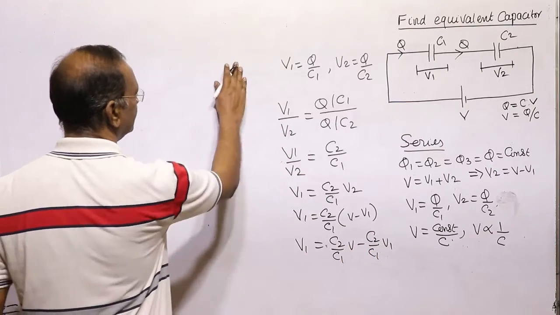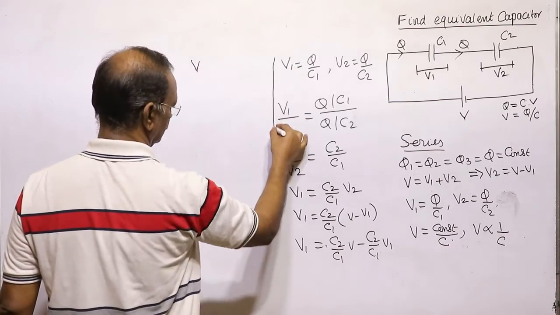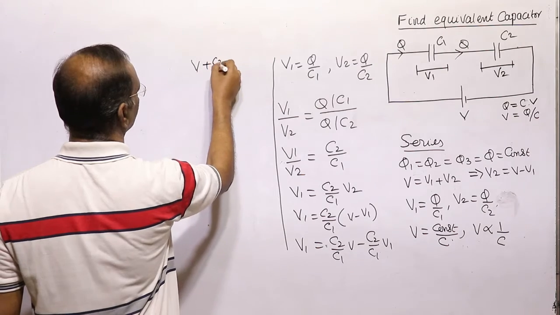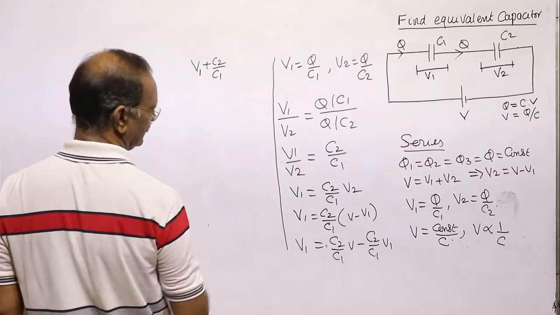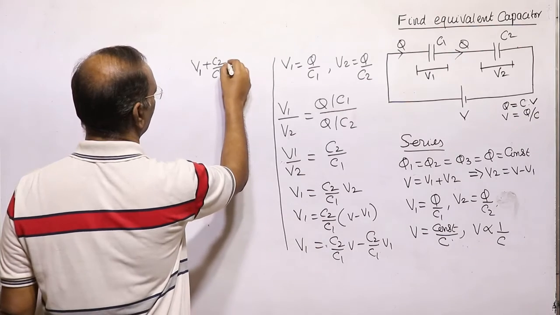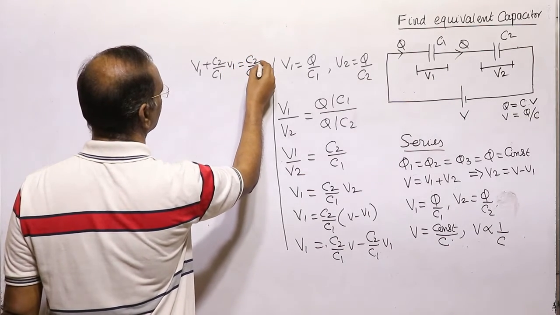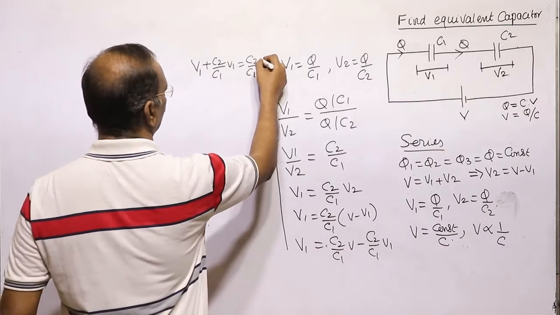If you take it to this side, then this becomes V1 plus C2 by C1 V1 is equal to C2 by C1 into V.